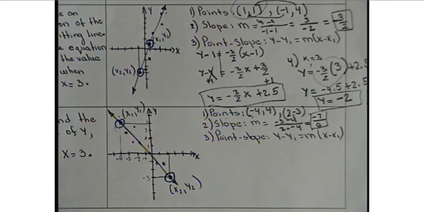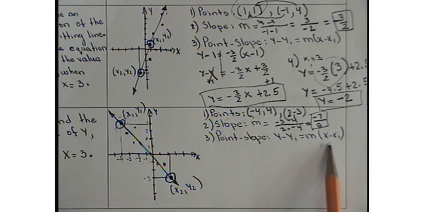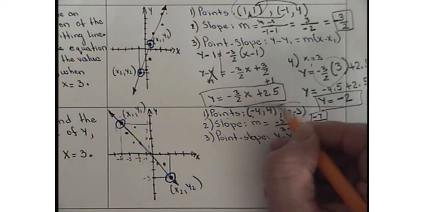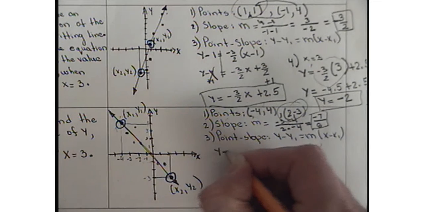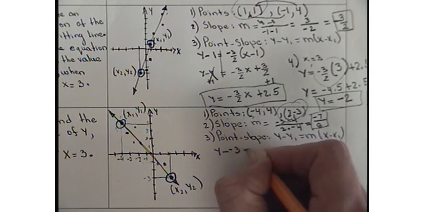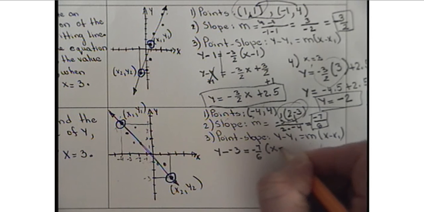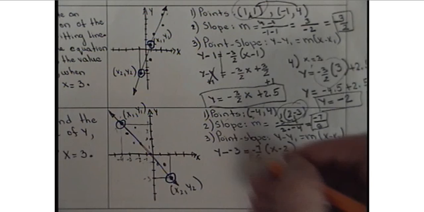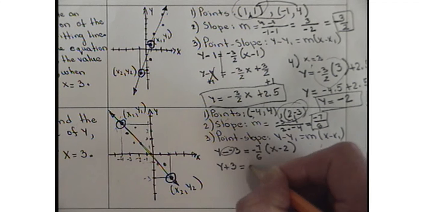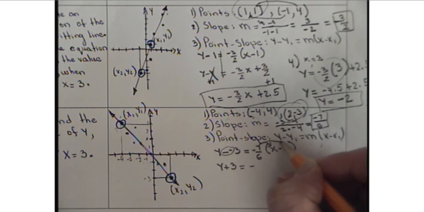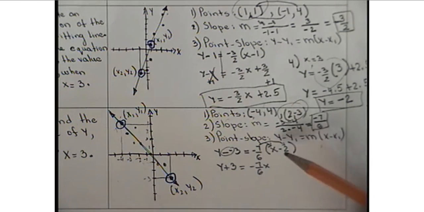Pick one of the 2 points in order to begin with point slope form. So let's pick 2 and negative 3, for example. So the equation will be y minus negative 3 is equal to negative 7 over 6 times x minus 2. Okay, well, those 2 negatives change to plus, so we have y plus 3 equals, and you can apply the distributive property, negative 7 over 6x, negative 7 over 6 times negative 2.